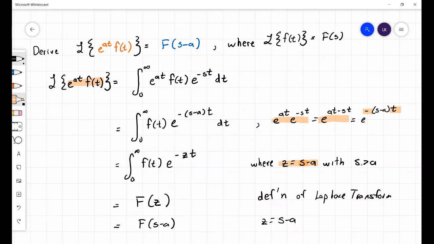And then we insist that s is greater than a because we need a decaying exponential in our integral so that our improper integral converges. So here the variable of integration is t. The parameter of convenience here is z. So the Laplace transform we write as F as a function of z. But we know that z is really s minus a.